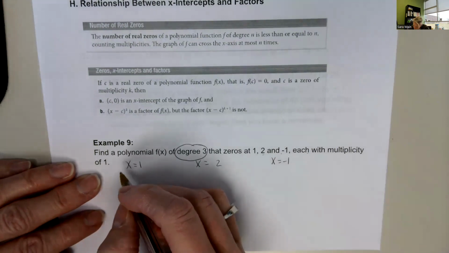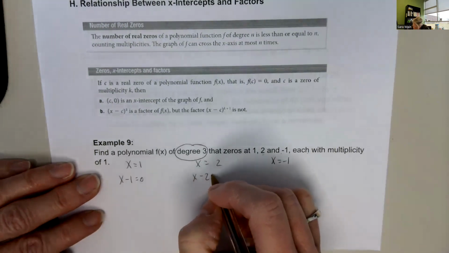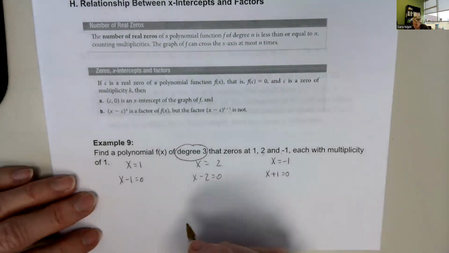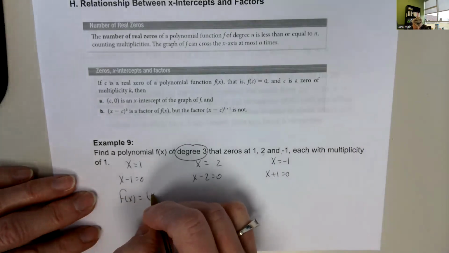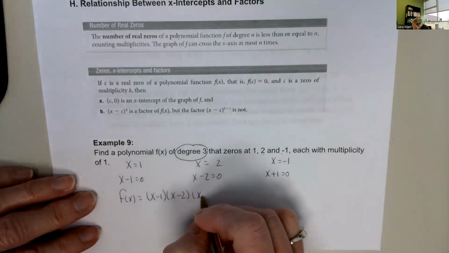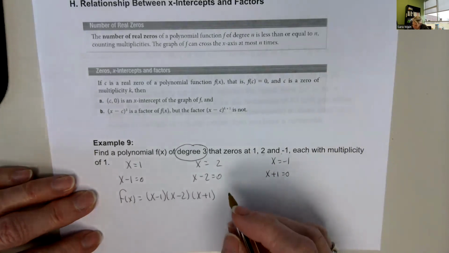So we have x equal to 1, x equal to 2, and x equal to negative 1. So x minus 1 equals 0, x minus 2 equals 0, and x plus 1 equals 0. And that means f of x equals x minus 1 times x minus 2 times x plus 1. You could multiply these all out if you wanted to.